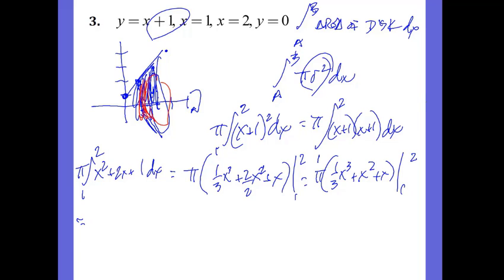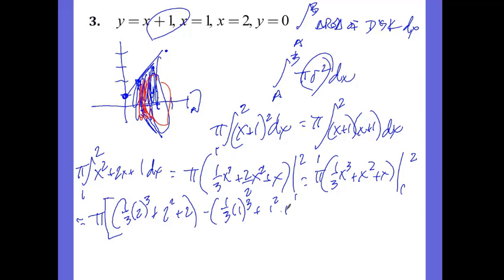So now it's just a little bit more complicated, but not really. Plug in 2: 1/3 2 cubed plus 2 squared plus 2 minus, plug in 1 now: 1/3 1 cubed plus 1 squared plus 1.